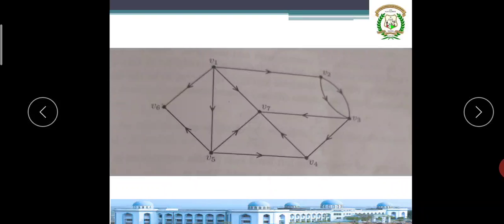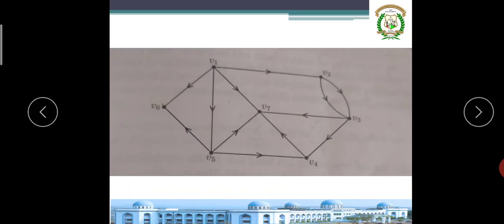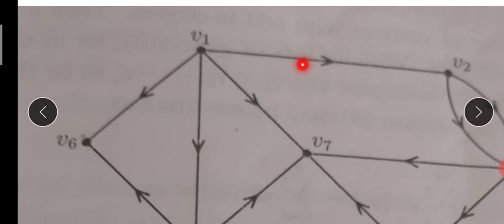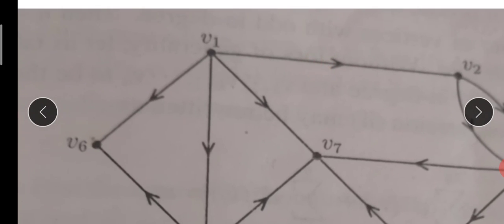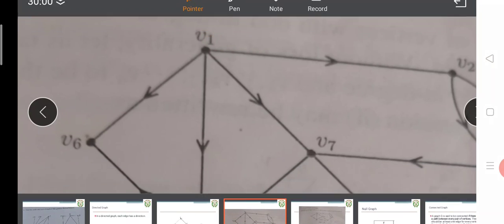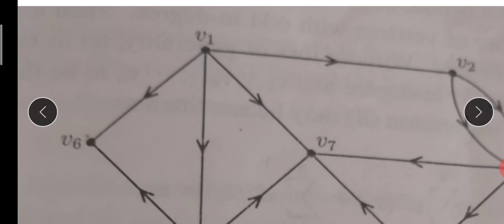Next one. Now, in degree and out degree in directed graphs. Very important thing. In degree is the number of edges entering a vertex. If you observe V1, how many are entering?